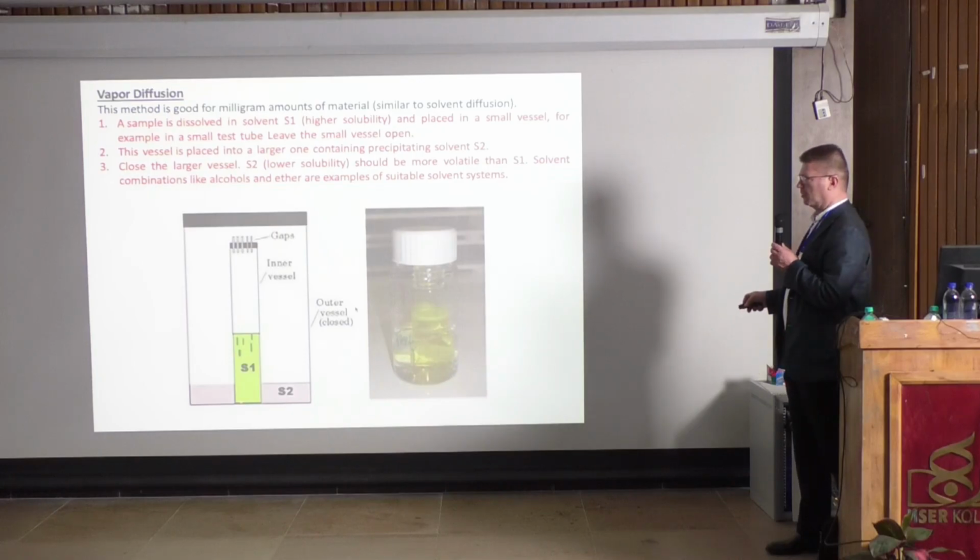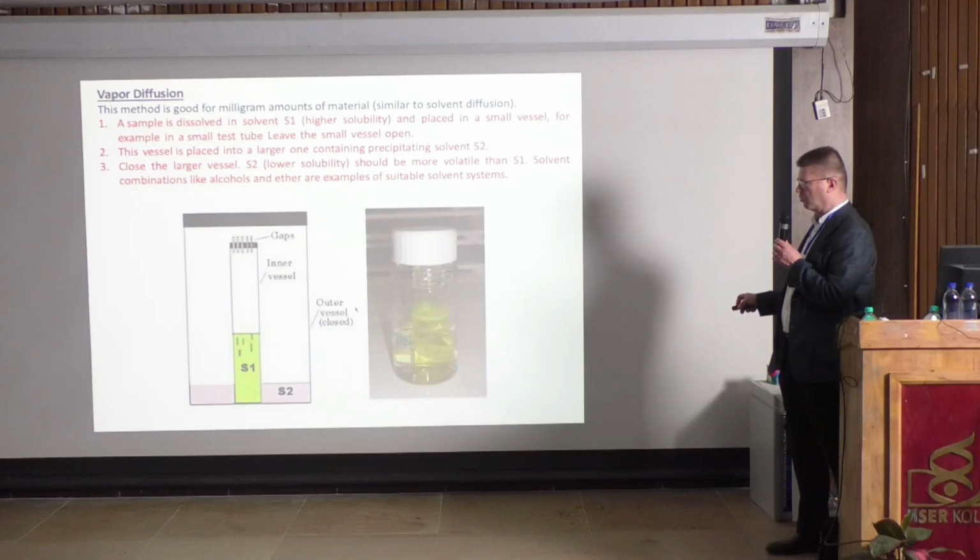And then you place it in a tube like this. It can be open, or it can have a cap with some holes in it. And then you have another solvent here, S2, but now the vapor pressure of S1 should be lower than that of S2.